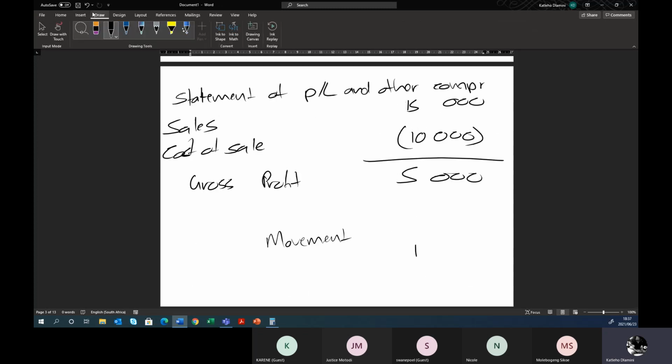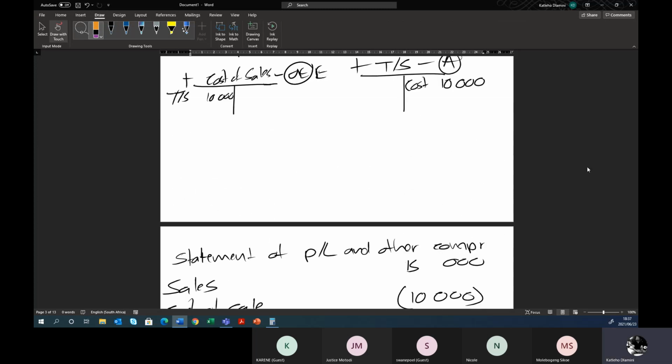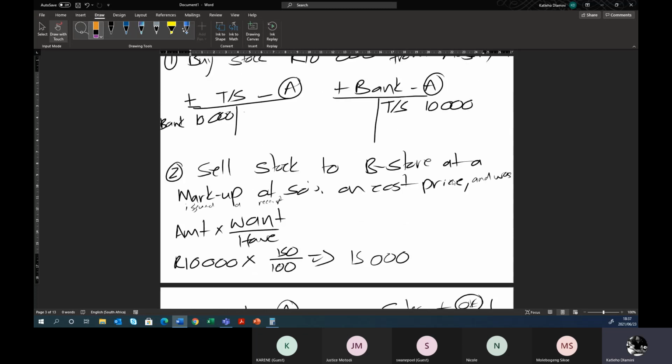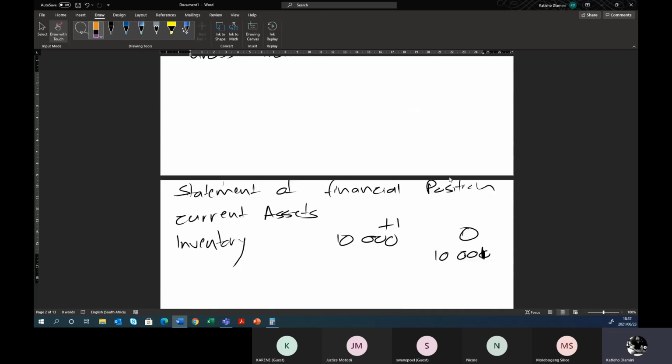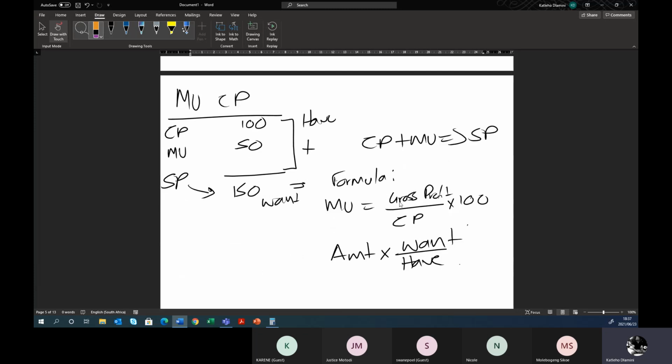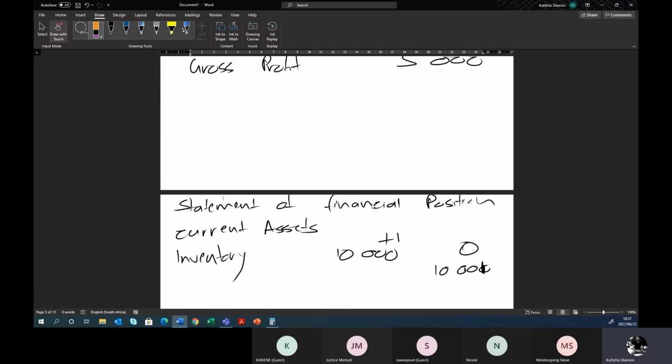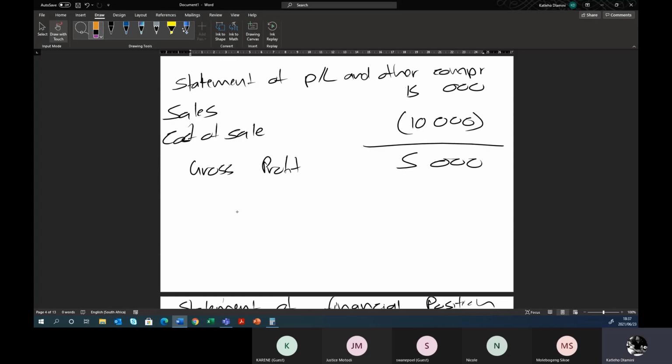Okay, this is what I wanted to do. Remember I said to you that you could calculate your markup if you're not given it, and you could use this formula. So I'm going to use this formula to calculate markup just to show you. My formula for markup is gross profit over cost of sales multiplied by 100%.